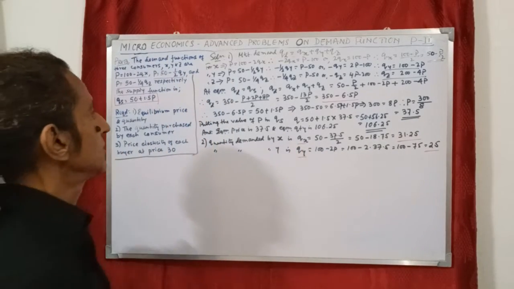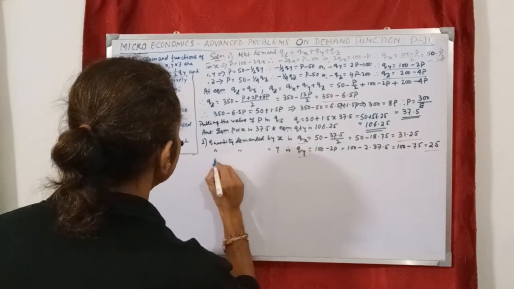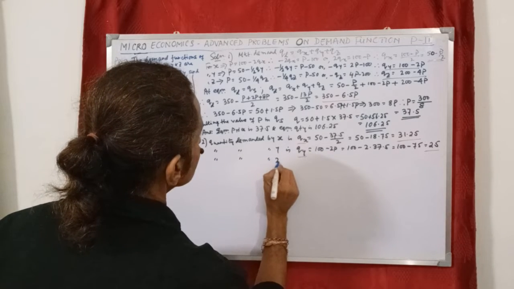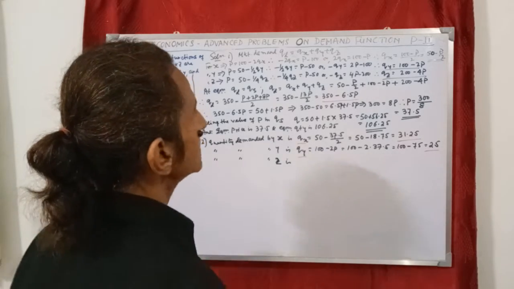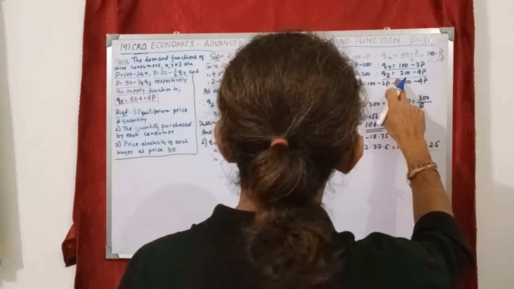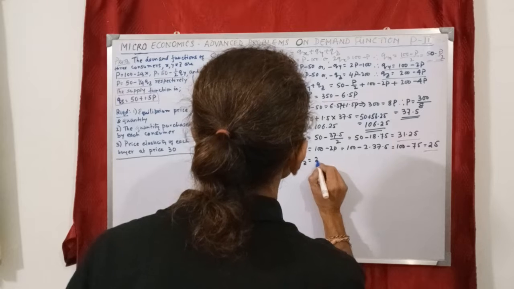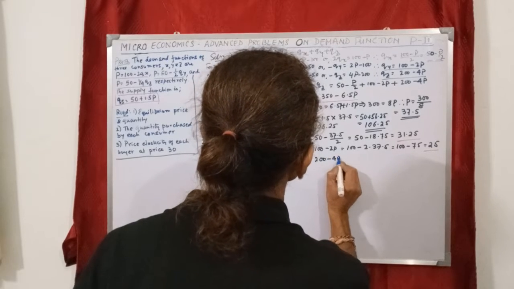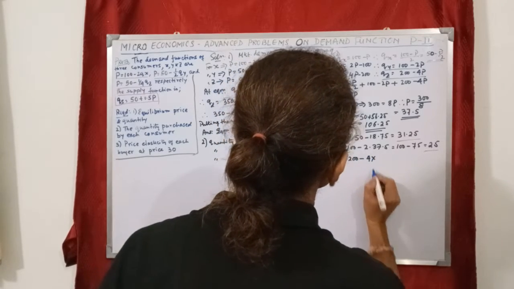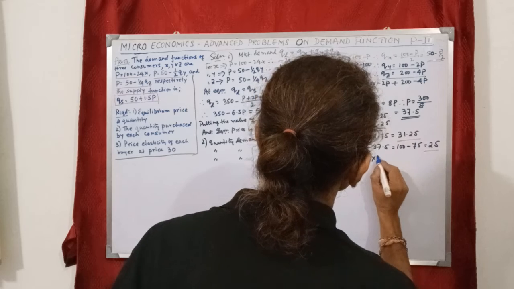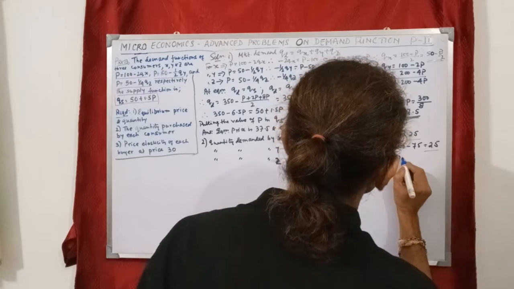In the same way, we shall find out the quantity purchased by individual Z. The quantity demanded or purchased by individual Z: Qz equals 200 minus 4P, that is 200 minus 4 into 37.5.